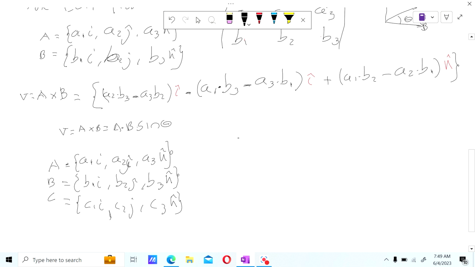So the cross product of those three vectors is, wait, I'm doing this the wrong way. Let's do it like this.